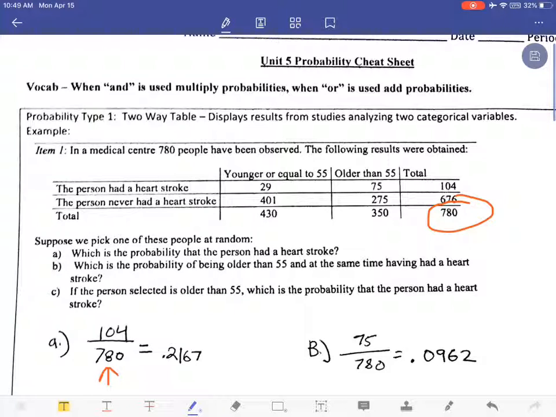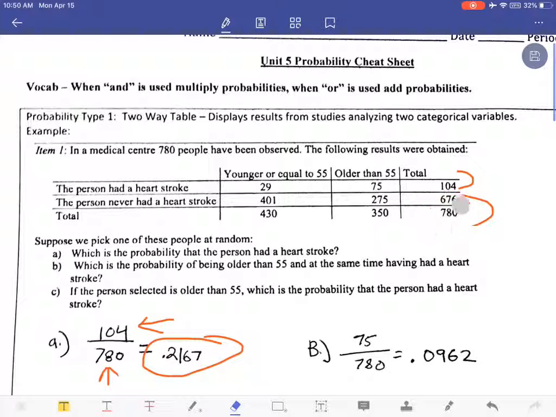So again, there's no other restrictions, so we're going to look at everybody total that had the heart stroke, which is the 104, and we put that on top for the numerator. When we calculate that out, it comes out to 0.2167. All right, so that numerator is going to be what the question's asking for, and then the denominator, the bottom of the fraction, is going to be your total.